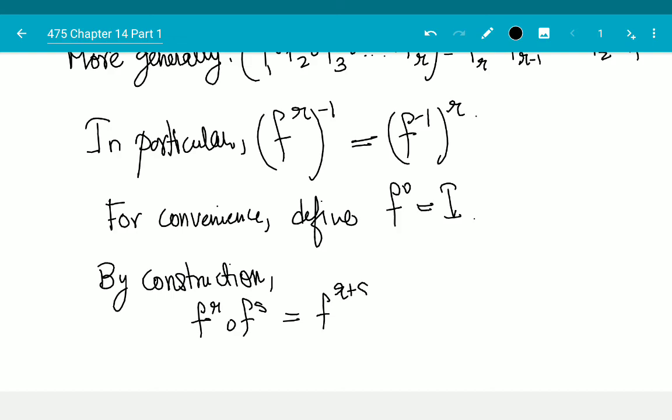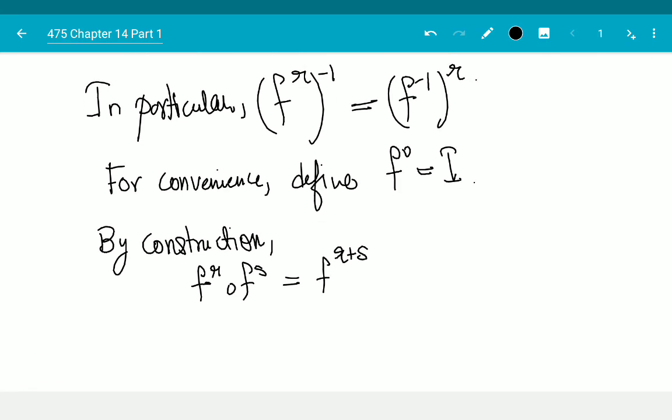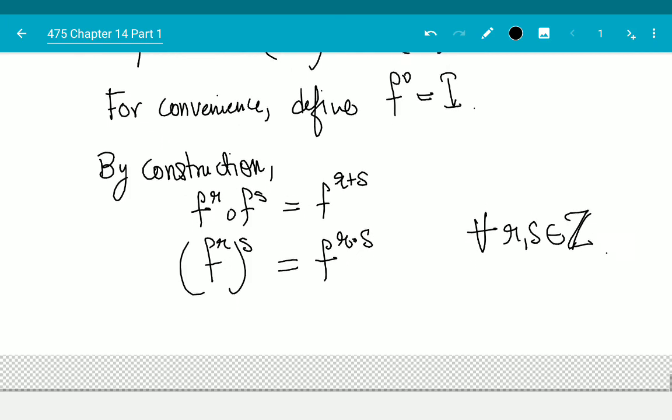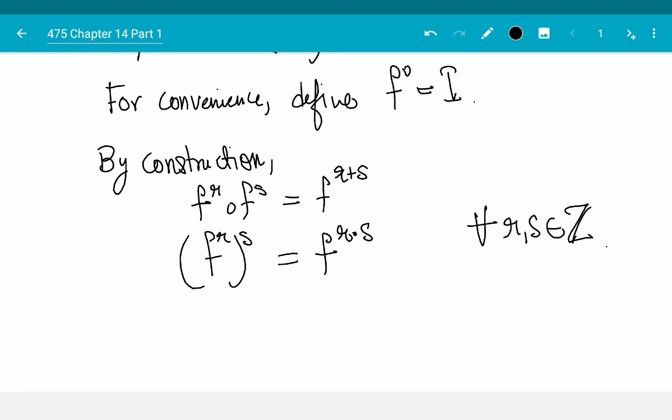F to the r plus s, right? And f to the r all the way to the s, there are s copies of f to the r, so total number of copies is r times s, right? So for every r comma s belonging to integers. Okay, no need for them to be positive. We know that these properties hold for negative numbers also, so we are going to do these as negative also.